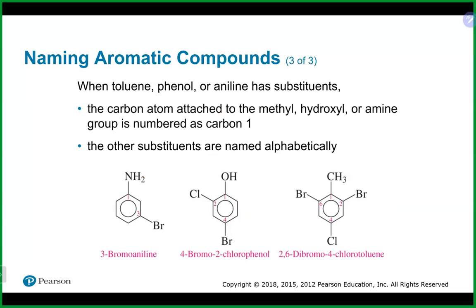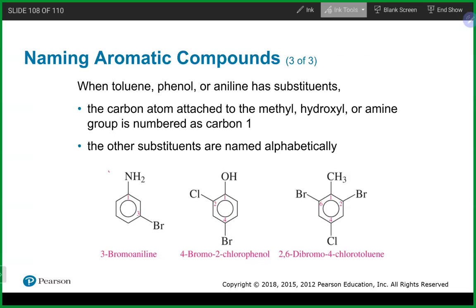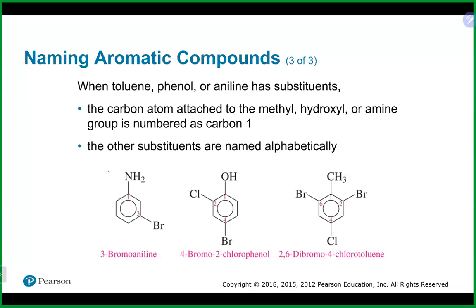So let's take a look at some of these names. When we do have toluene or phenol or aniline in there, we do sort of use that as the base of the name. So if we look at this part right here, actually, I'll just highlight it. If I highlight the ring here and my nitrogen containing group, that is the aniline part of the name. So that is where that comes from.